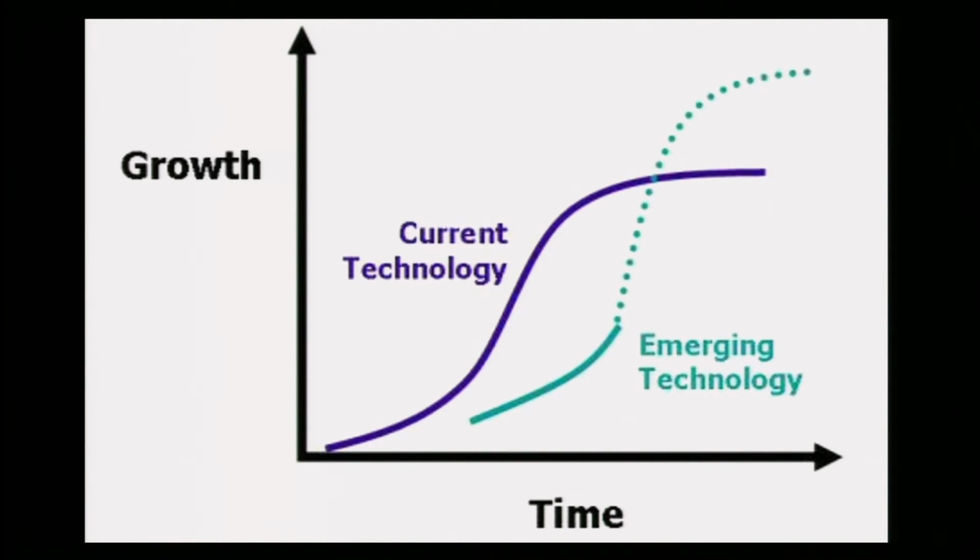People who think about the next horizon often start to experiment with the new technology even while the existing one is very, very powerful. And that means by the time this one takes off, they're already in charge. They already have the experience. This can be very challenging to do.